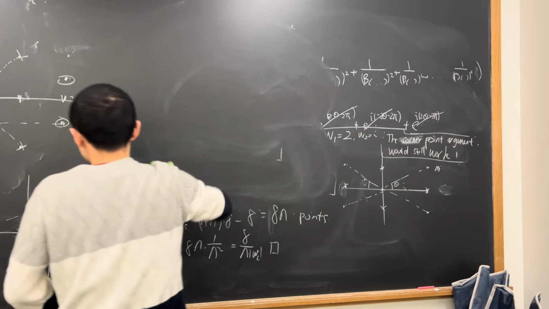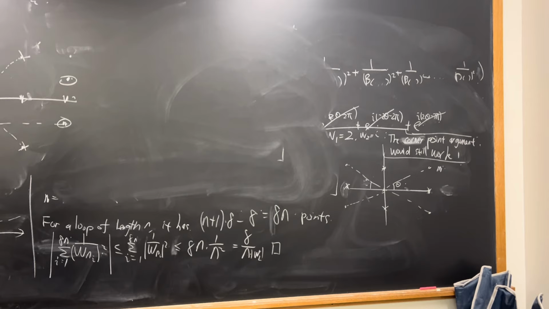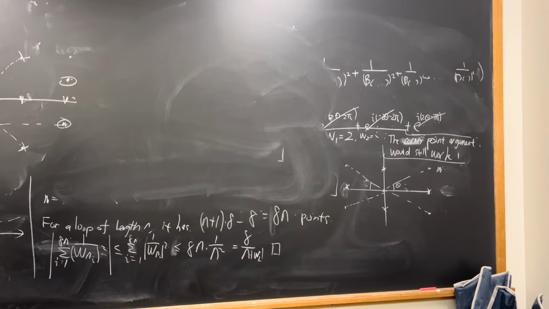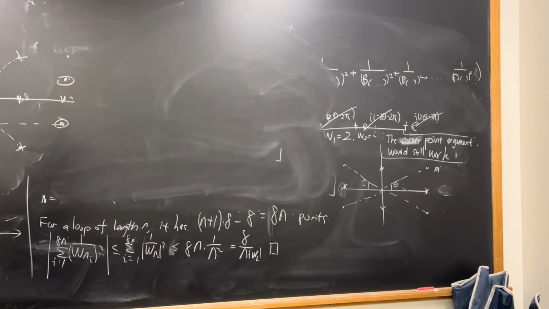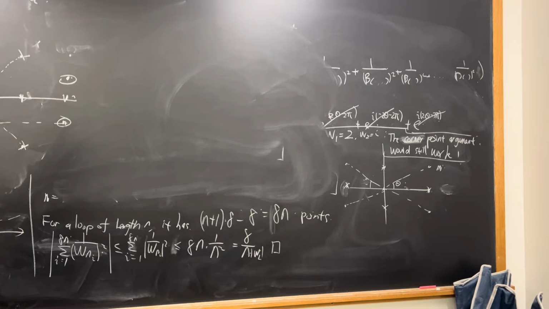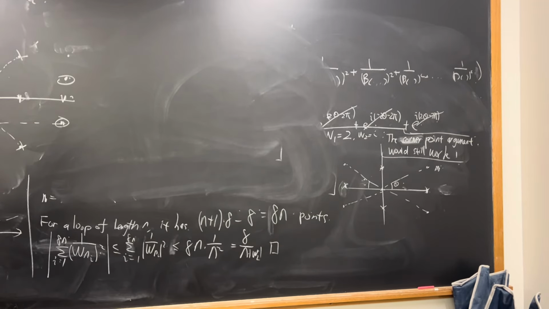I think last time I made a mistake by computing the points. I think I somehow took the square first and then took the minus sign, which should be in the opposite direction. I think I took the minus first and then took the square, whereas I should take the square first and then the minus.